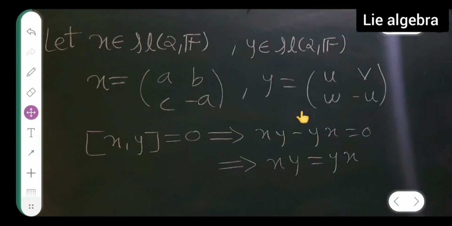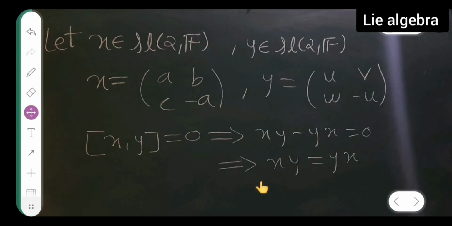Next, let X belong to SL of 2, F and Y belong to SL of 2, F. Now here I will take my X as a matrix A, B, C and minus A, and Y is equal to U, V, W, minus U. So now I'll take the Lie bracket of X, Y equal to 0, which implies XY minus YX is equal to 0.